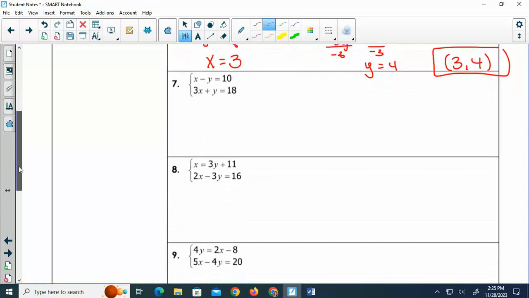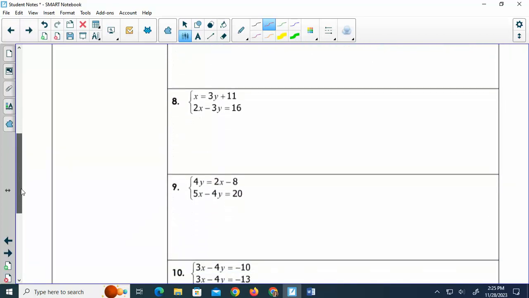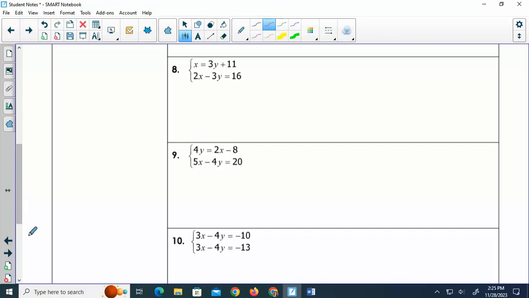Let's look at problem number 8. What's wrong with this one? Right, they're set up differently. One of them is x equals 3y, the other one has x and y on the same side. Okay, we need to make them match up. It doesn't necessarily matter, but let's go ahead and take the first one, and we'll subtract the 3y.